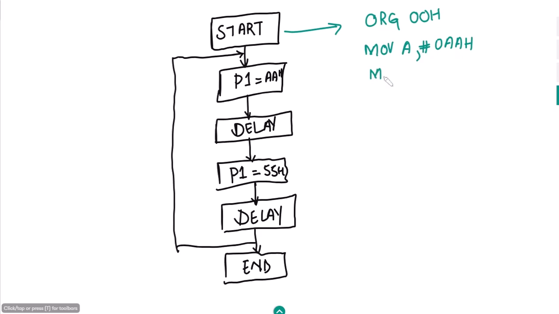Then this value in A will be moved to P1. This is the overall program, because MOV cannot operate directly with an immediate value into P1.